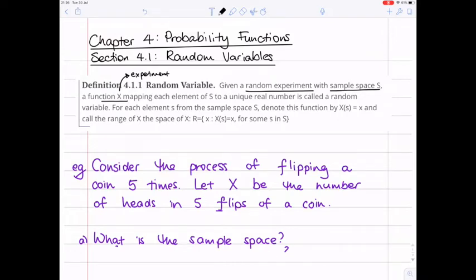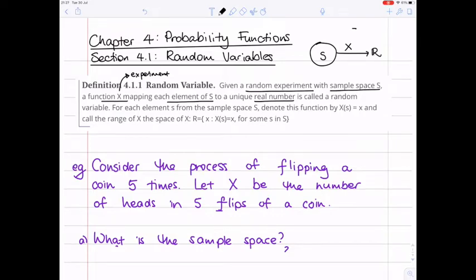And this experiment is going to match each element of S, so each outcome, to a real number. So we've got our sample space S, and we're going to map via our function X into the real numbers.